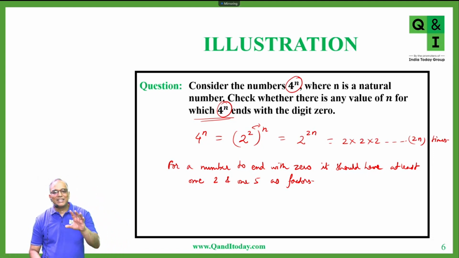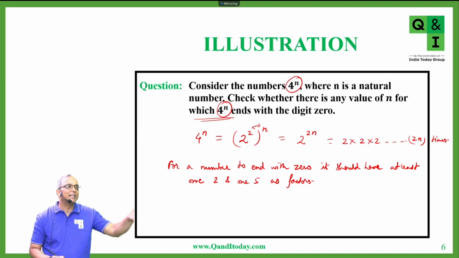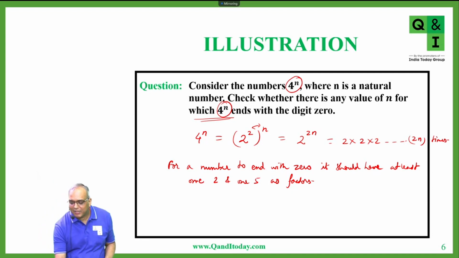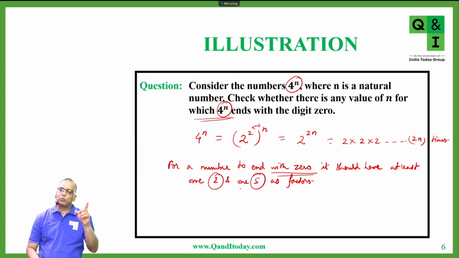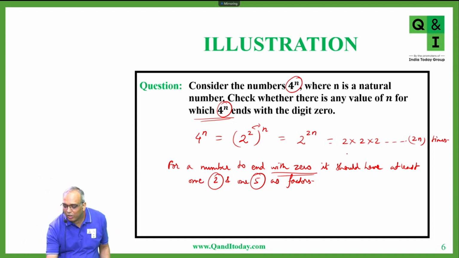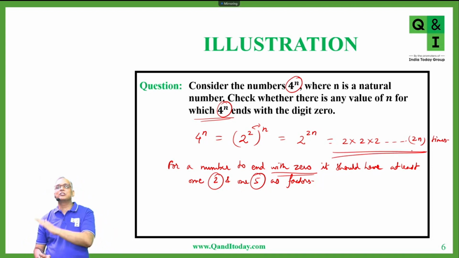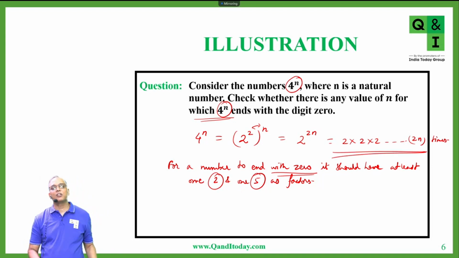So if a number has to end with 0, it should have at least 2 and 5 as factor, then only you will get 10. 2 into 5, you get 10. So you should have at least one power of 2 and one power of 5, so that you multiply them together and you get 10. Now here what are we seeing? We have only powers of 2. We don't have any power of 5. Now since there is no power of 5, it can never end with 0.